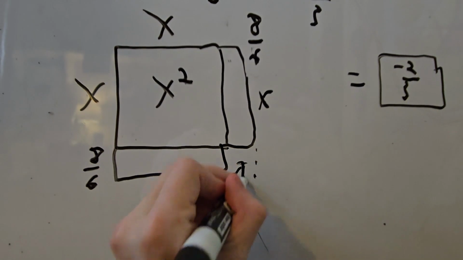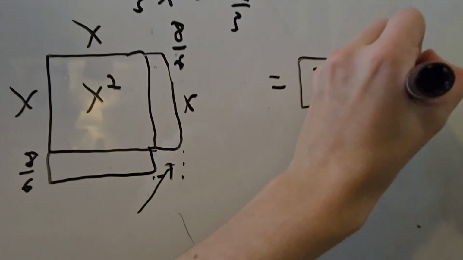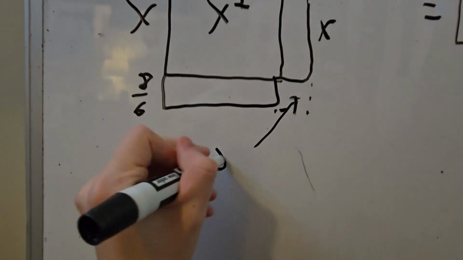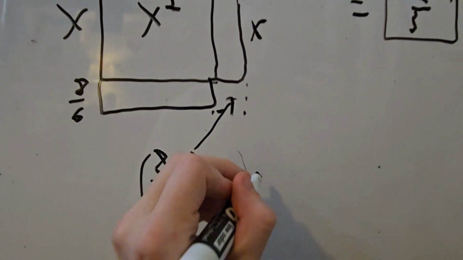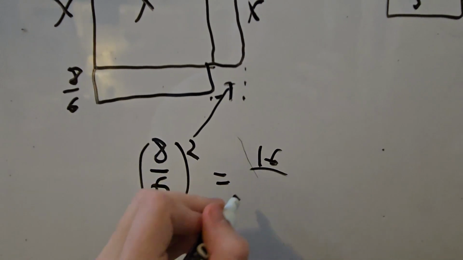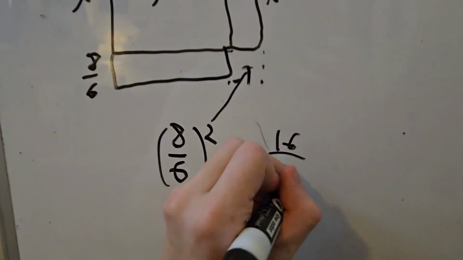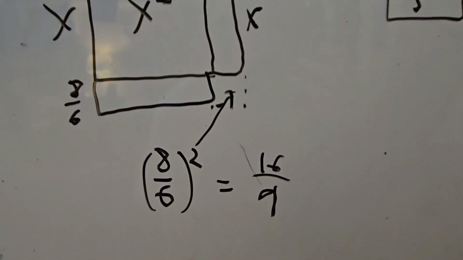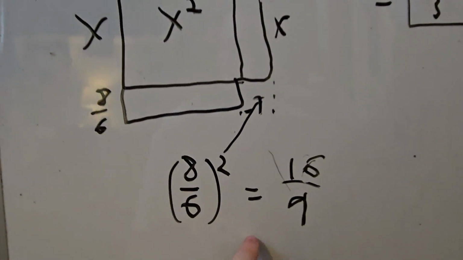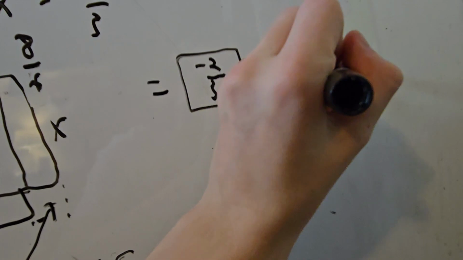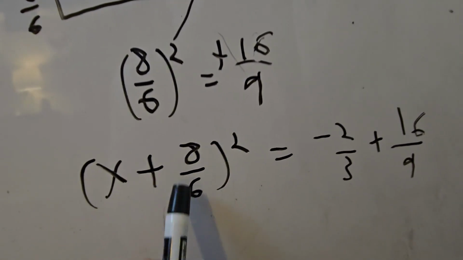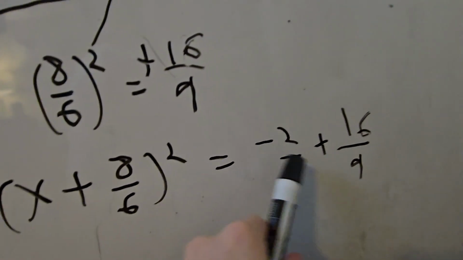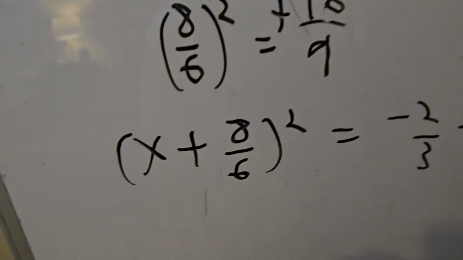So then we need to add this area to both sides. This area is going to be 8/6 squared, which is going to be 16 over, let's see if I can do this in my head, 9. Does that simplify anymore? I don't think so. So now we add 16 over 9 to both sides. So we're left with x plus 8 by 6 squared is equal to negative 2/3 plus 16 by 9.